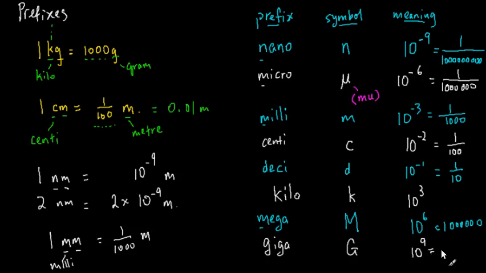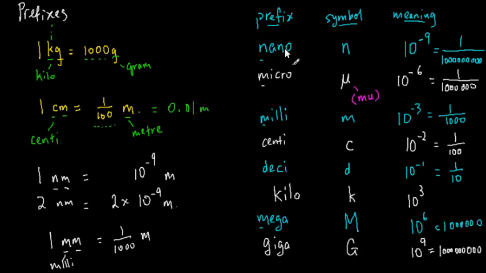That's 1 billion. So 1 followed by 9 zeros: 1, 2, 3, 4, 5, 6, 7, 8, 9, 1 billion. So that's giga. Now that's essentially a bunch of definitions that I have described, just symbols and the meanings.